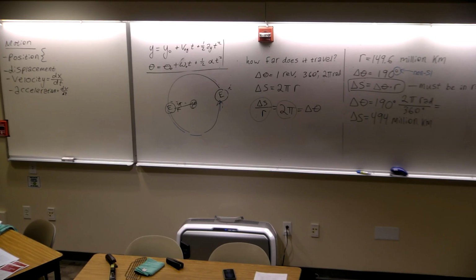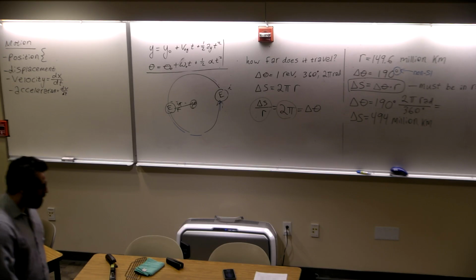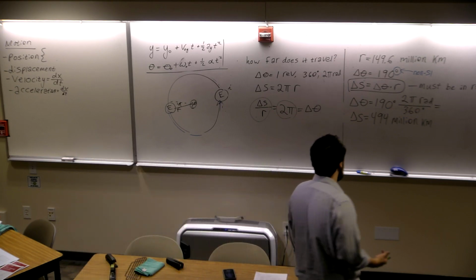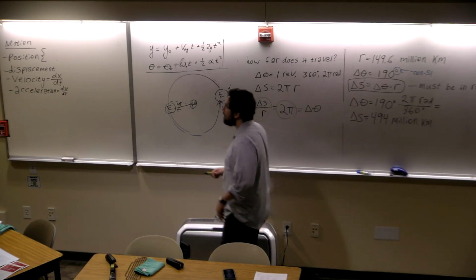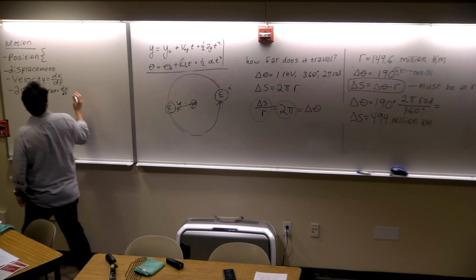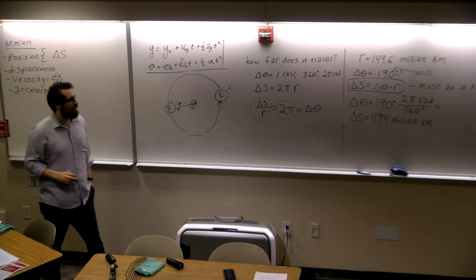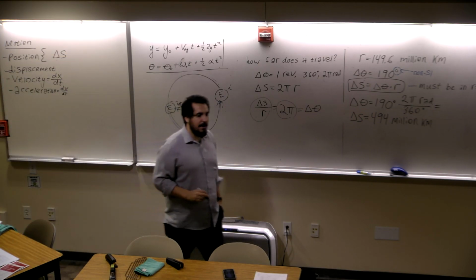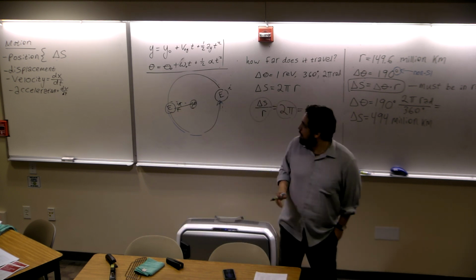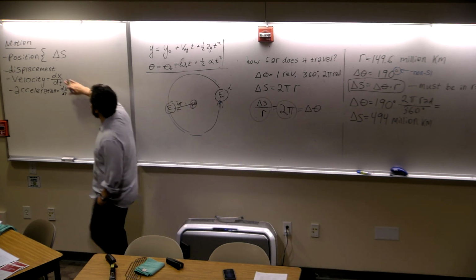Not so bad, right? So then we ask the more general question: how do we go between a position in translational motion and an angular position, or more specifically, a displacement?